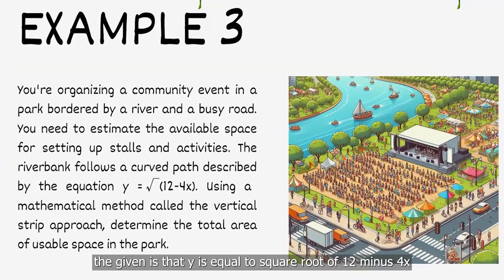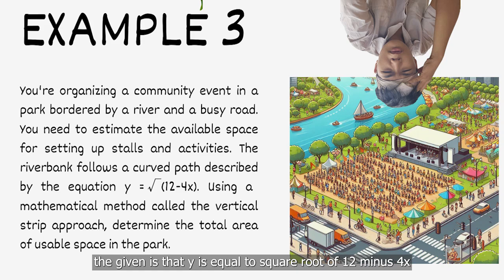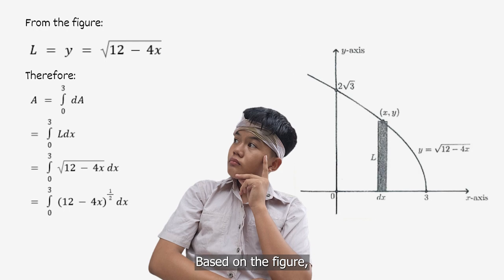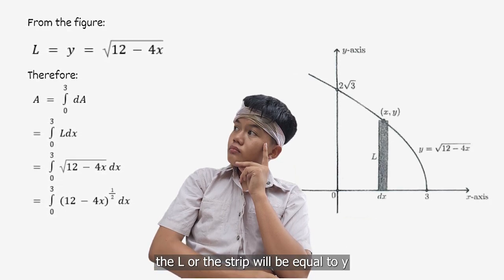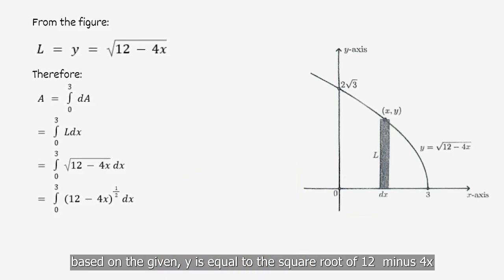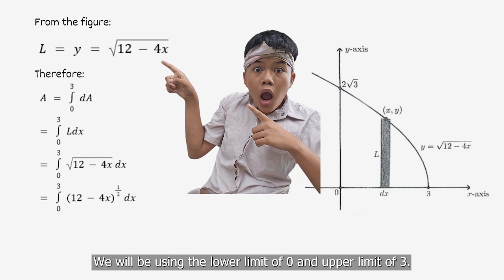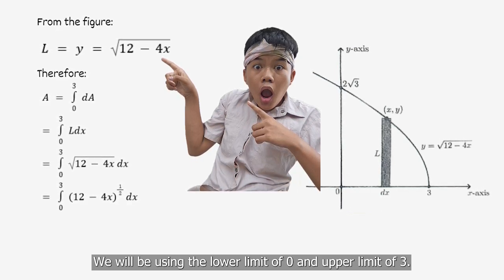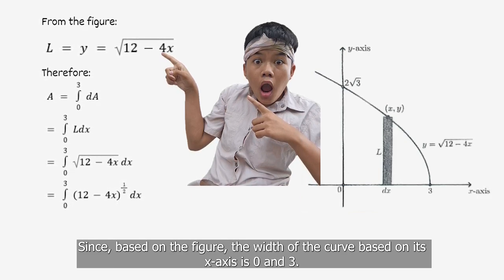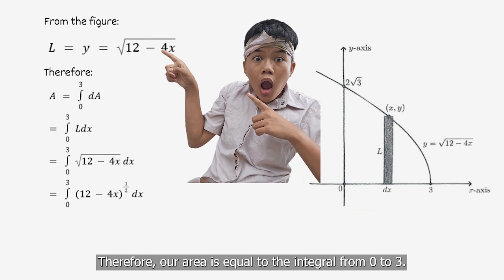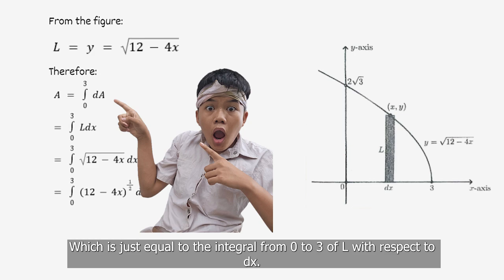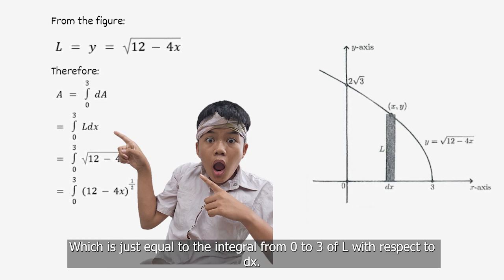Based on the question, the given is that y is equal to the square root of 12 minus 4x. And we have a given figure. Based on the figure, the L or the strip will be equal to y, as they are both vertical. Based on the given, y is equal to the square root of 12 minus 4x. We will be using the lower limit of 0 and upper limit of 3, since based on the figure, the width of the curve based on its x-axis is 0 to 3. Therefore, our area is equal to the integral from 0 to 3 of dA, which is just equal to the integral from 0 to 3 of L dx.